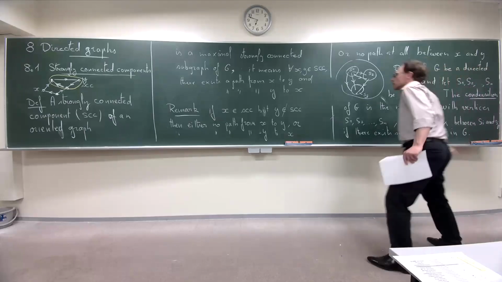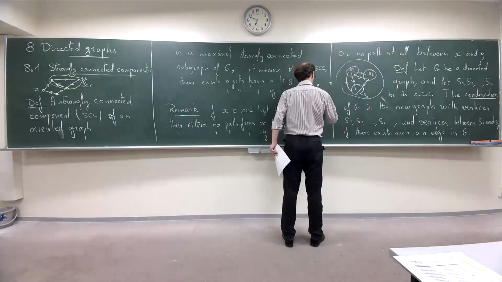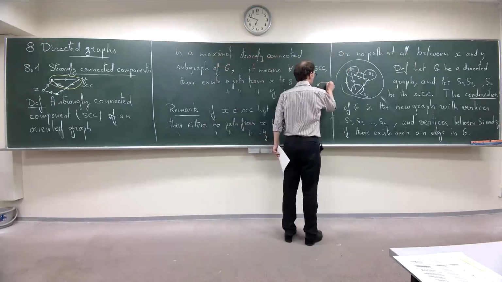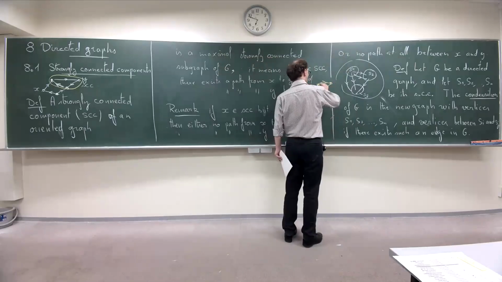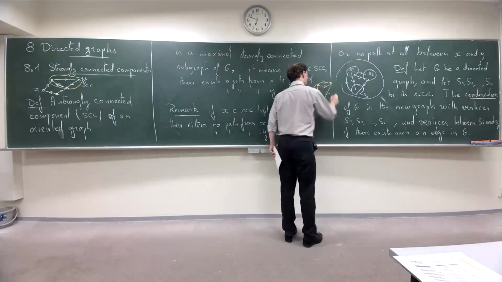So what is the condensation of this one? We have only 3 points, and we have 2 arrows here, 2 arrows here, and 1 here.